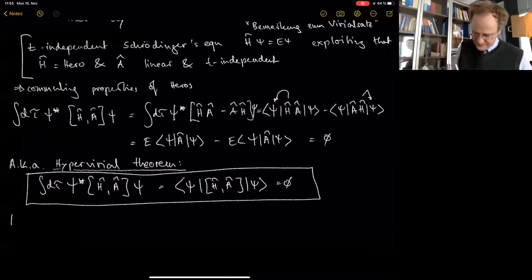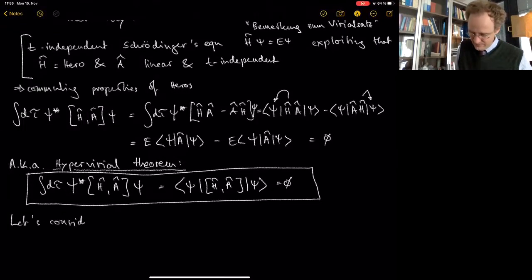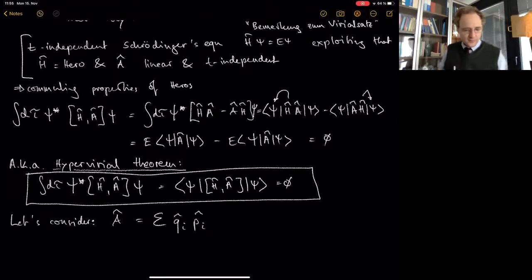So let's consider this choice. We sum over Qi and Pi, right? Now, Qi and Pi are positions and momentum.